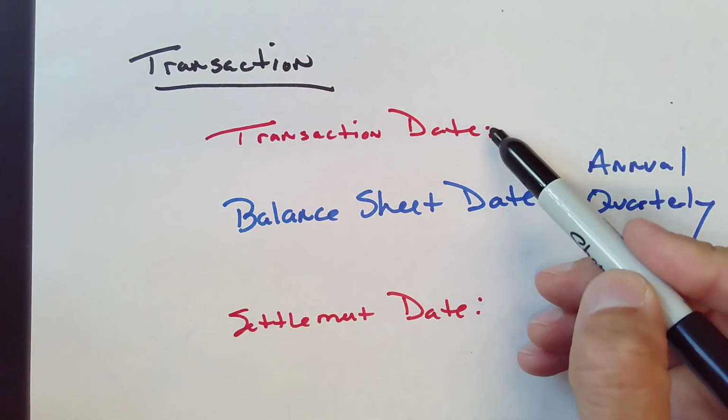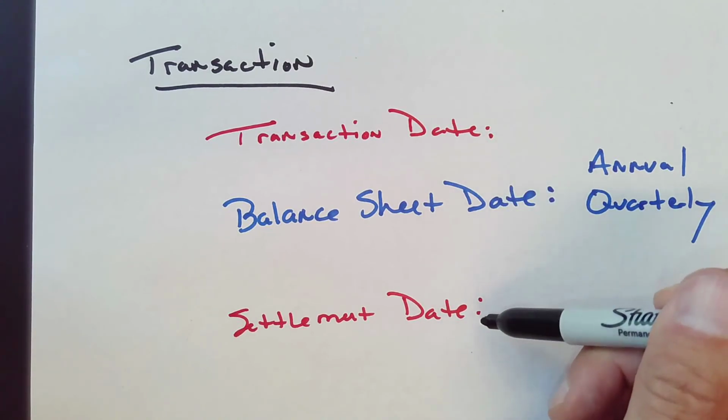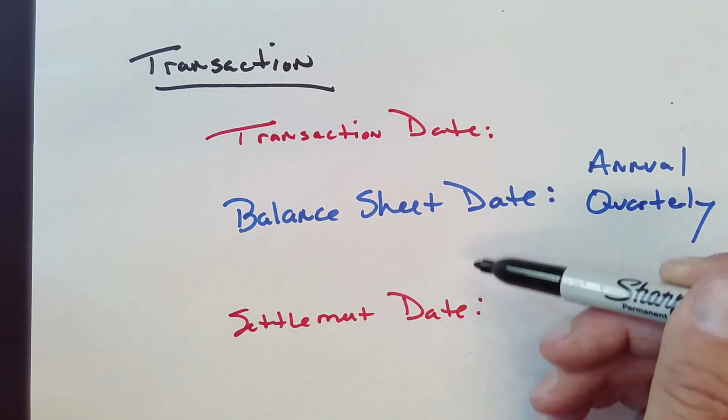So at transaction date, we're going to record at the functional currency, and then settlement date will also settle at the functional currency.